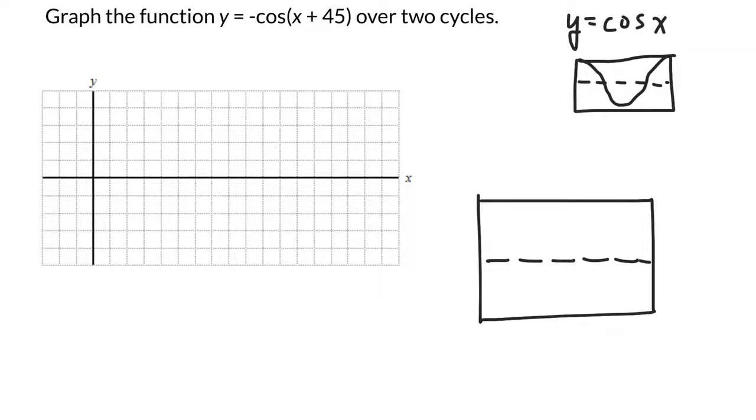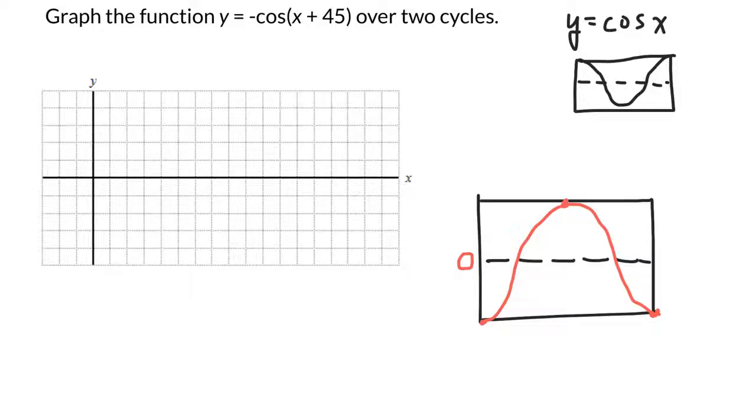When I look at the function, there's no c value at the end, so I'm not moving my central axis. So it's going to stay 0. My lead coefficient is -1. Since it's negative, my function isn't going to go this way, it's going to be a reflection. So it's going to open that way.